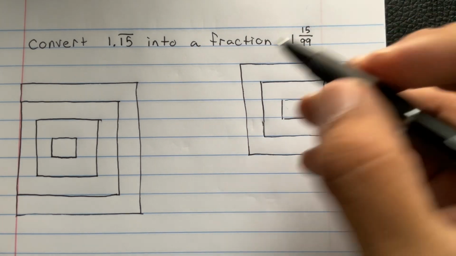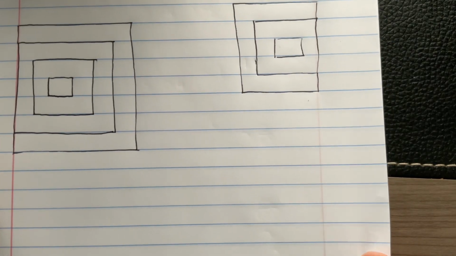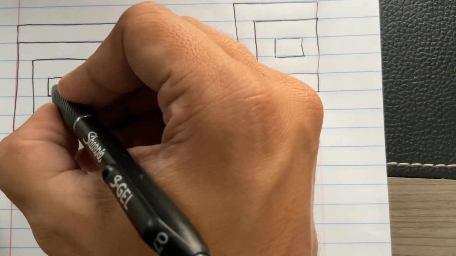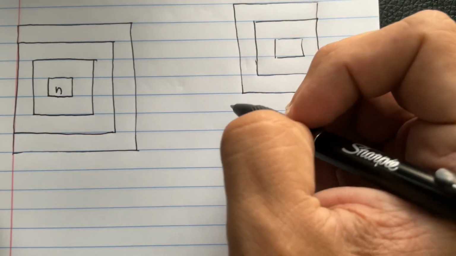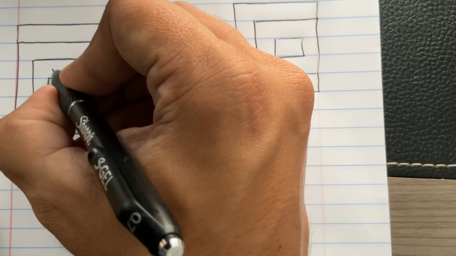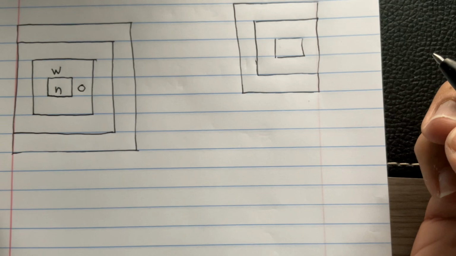Okay? So let's talk about rational and irrational numbers. So first, let's talk about all the numbers that are rational. So we have natural numbers like 1, 2, 3, 4, 5, 6, counting numbers. Then whole numbers adds zero to it, so now we have zero, right?